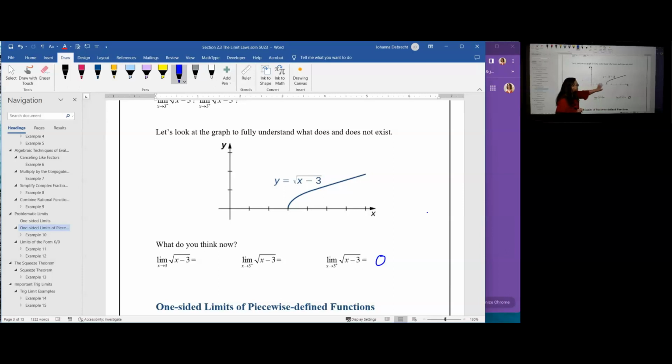But I can't come from the left because the function, being a square root, is not defined on the left side of 3, which means as I approach from the left, there's nothing for me to track along. It doesn't approach. There's nothing there, which means the limit from the left does not exist. If one is 0 and one does not exist, then we know the two-sided limit does not exist.